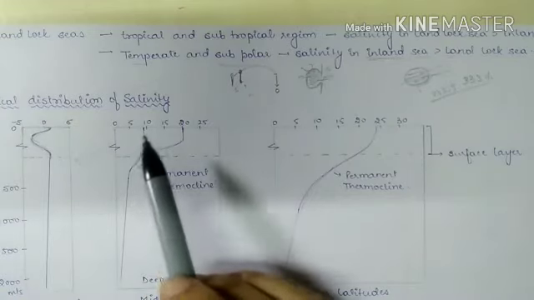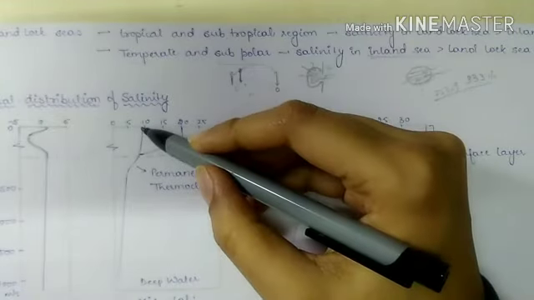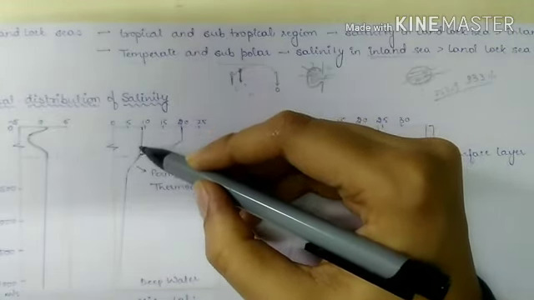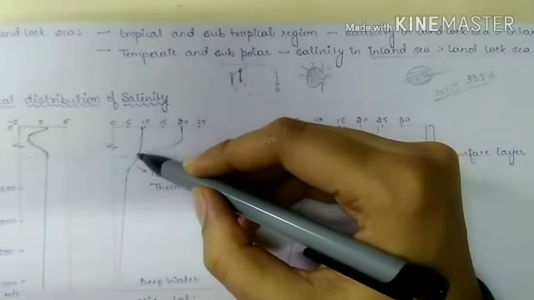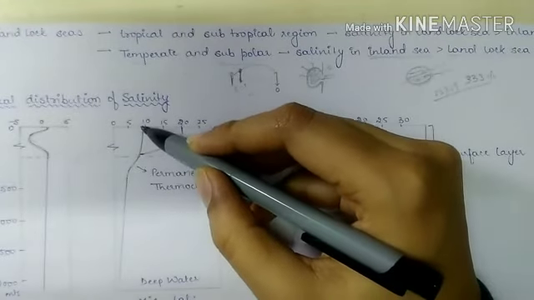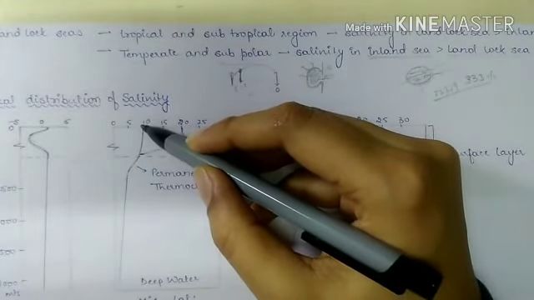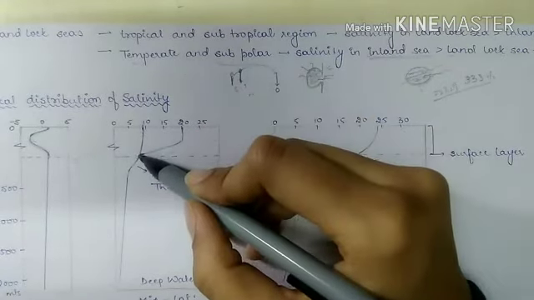Now in the area of mid latitude, during winter the salinity will decrease, but this decrease will be comparatively less, because here during winter the salinity will be comparatively less than in the summer.